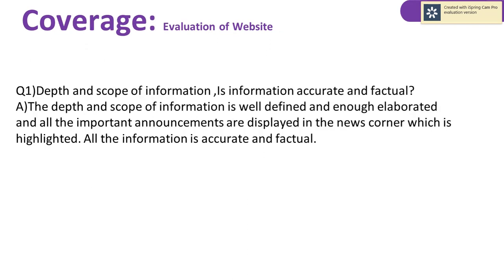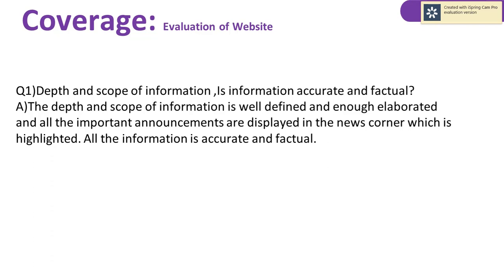So next we are going to discuss the coverage point of view of the university. We have the question, is the depth and scope of information accurate and factual? It means that the depth and scope of information provided by the university is accurate and factual.